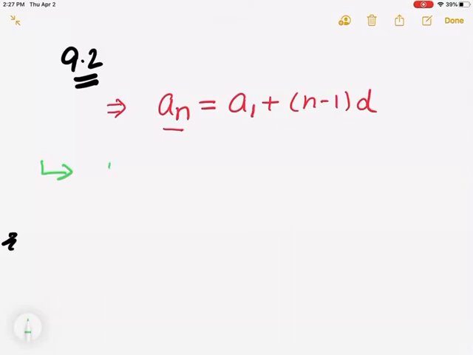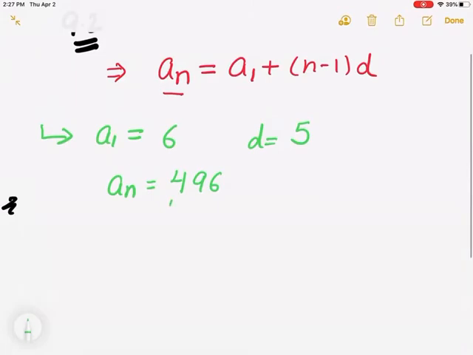If I say the first term of an arithmetic sequence is 6, the difference is 5, and there's a term, I don't know what term it is, but let's say that random term is an, and it's equal to 496. That's all I know. Can you find what term this number is in this sequence?